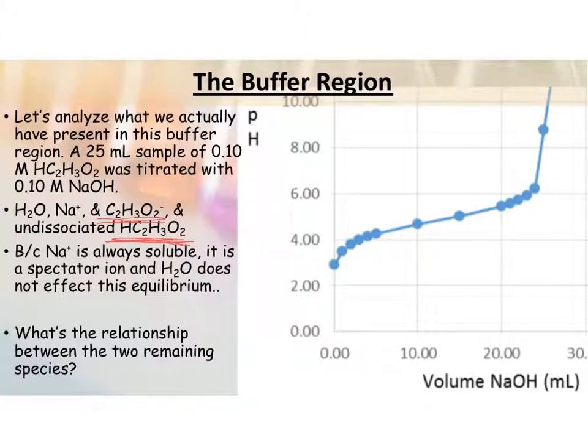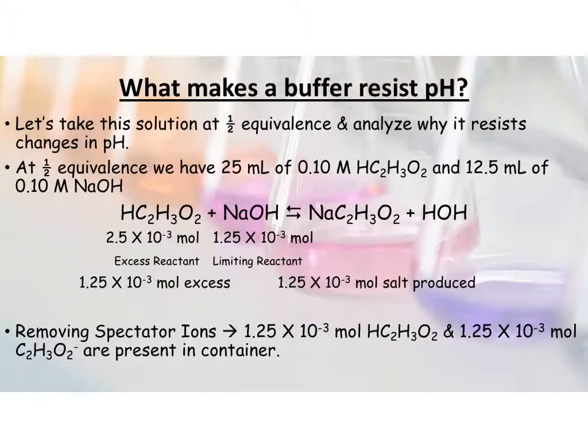We've got some conjugate base. We've got our spectator ions of the salt, and then, of course, water. The Na is a spectator ion, as I mentioned, that is produced as part of the salt product, and it's not going to affect our equilibrium. So basically, the two species that we're looking at that comprise the buffer are the acid and the conjugate base.